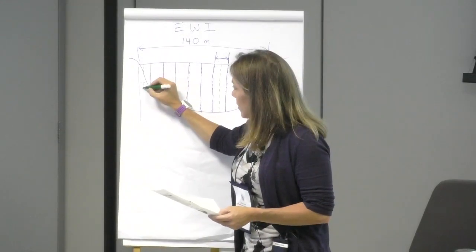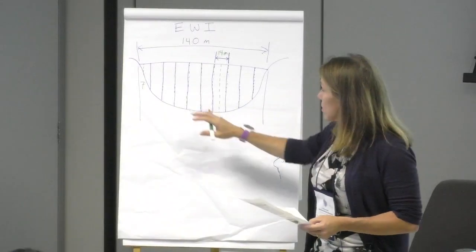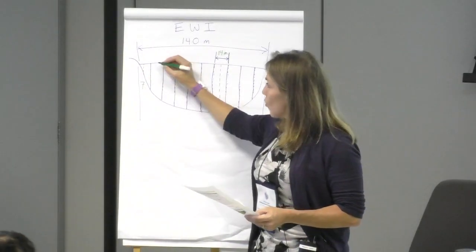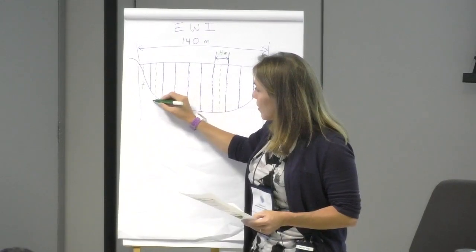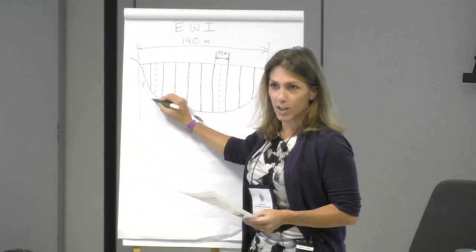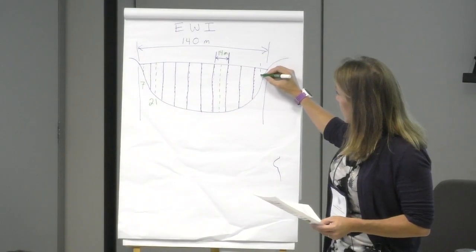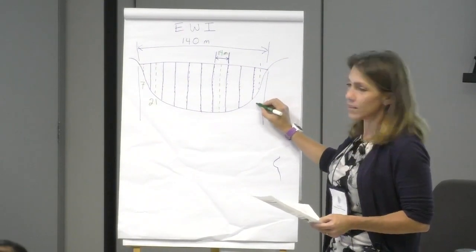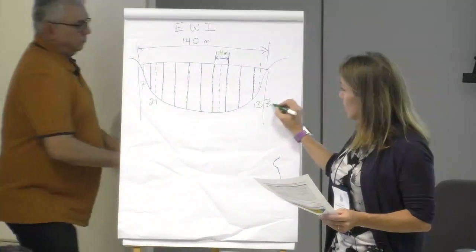So where's the location of my first sampling section? 7. Yeah, so it's in the middle of each section. What's the location of my second vertical? 21. Okay. What is the stationing or location of my last vertical? 133 meters.